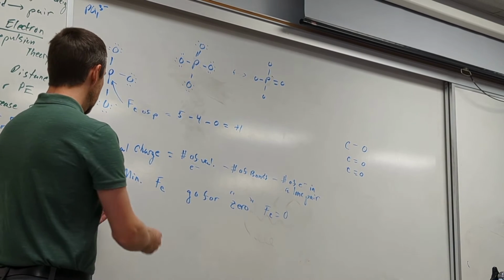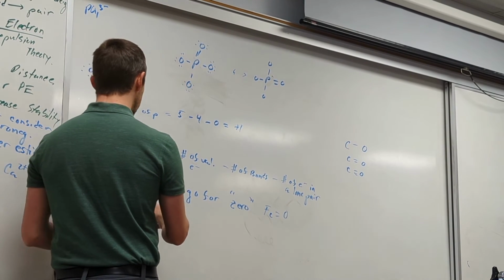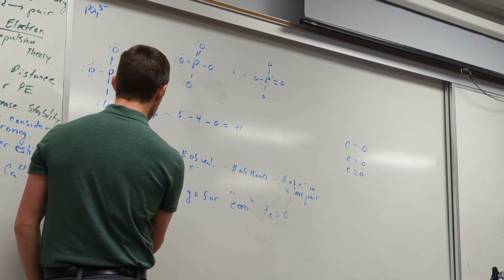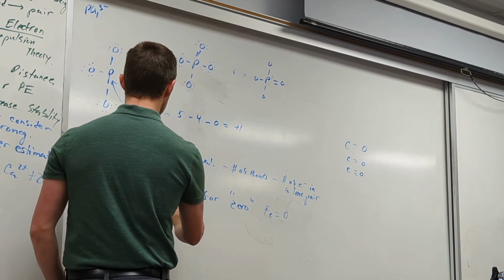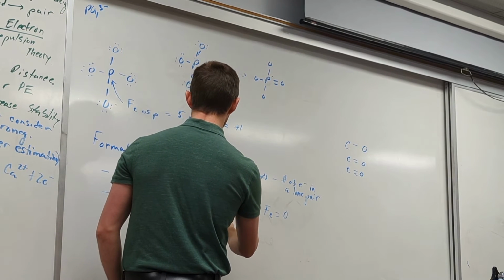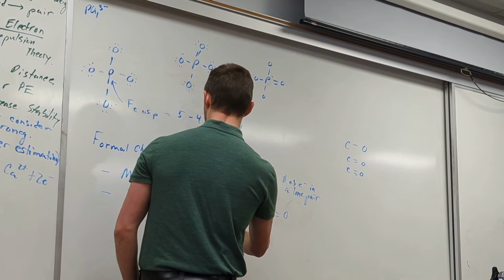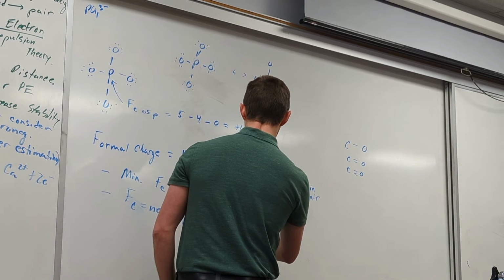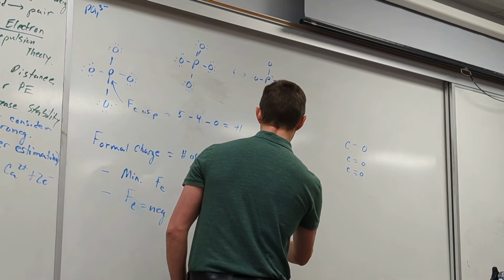Okay. If you do have to have a formal charge, then the negative formal charge preferably will go on the more electronegative atom. So negative formal charge prefers the more electronegative atom.